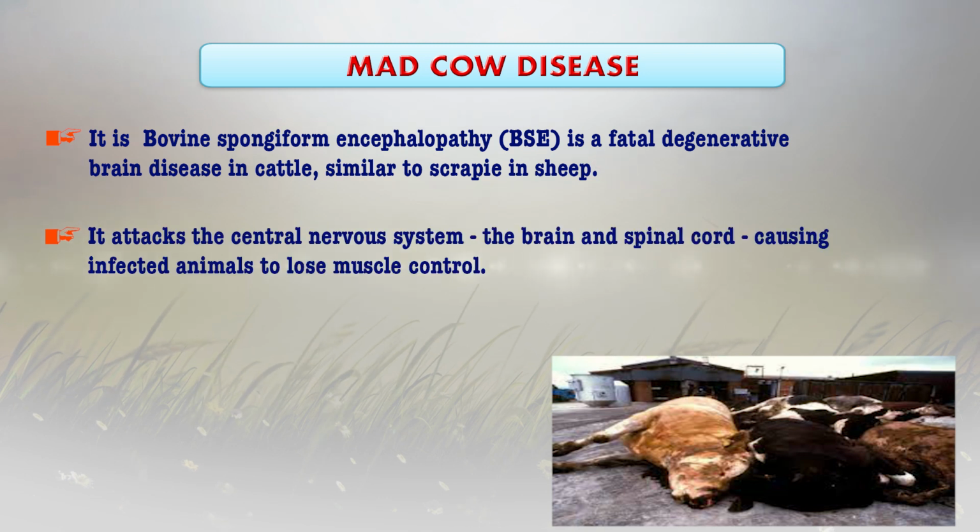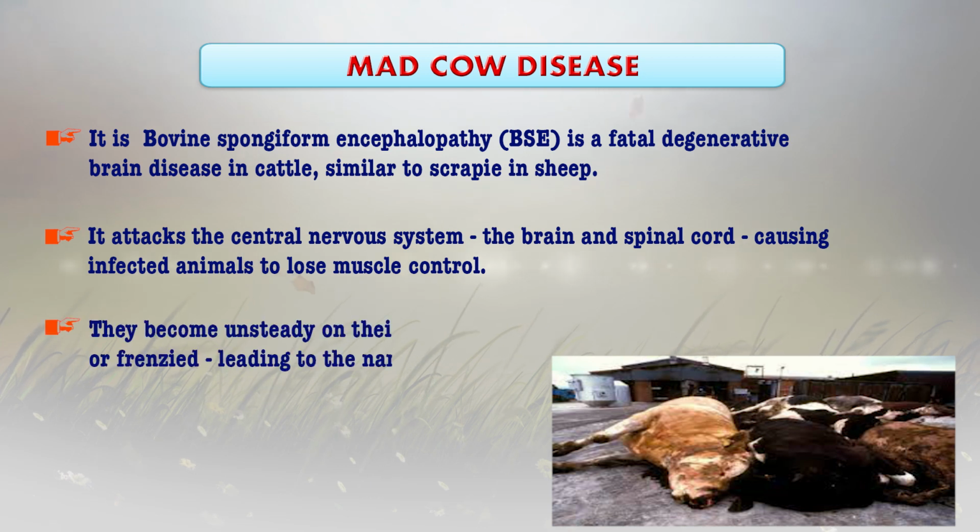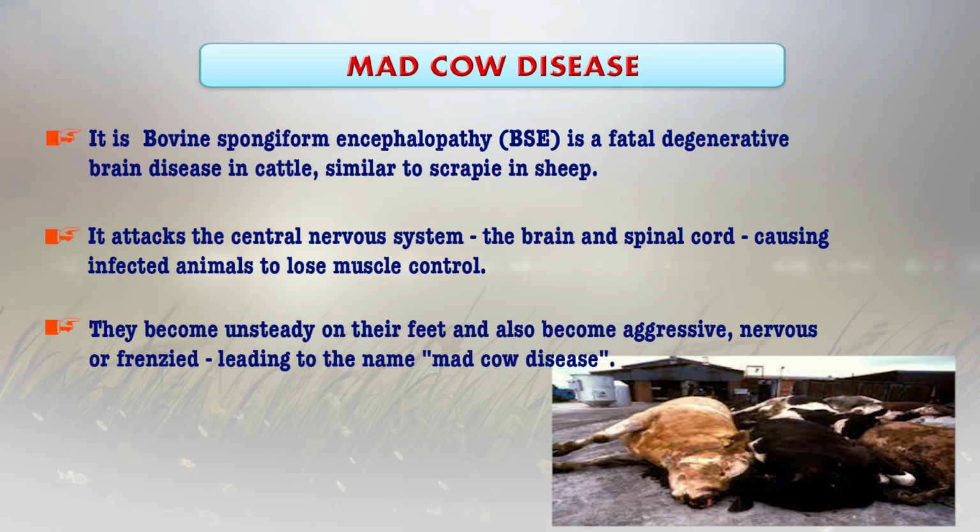It attacks the central nervous system of the cattle, the brain and the spinal cord, and causes the infected animals to lose muscle control. They become unsteady on their feet and also become very aggressive, very nervous, or sometimes frenzied. That is the reason the name itself indicates mad cow disease.